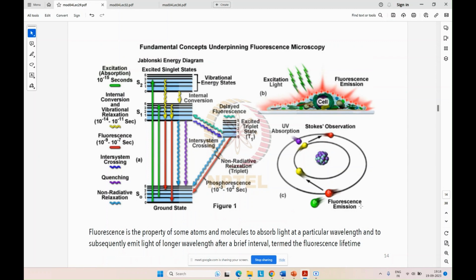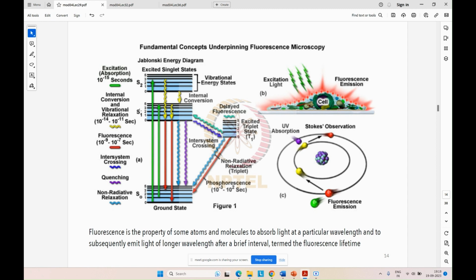The other most famous type of microscopy that a lot of people use is fluorescence microscopy. The concept behind fluorescence is that you shine light of a particular wavelength.